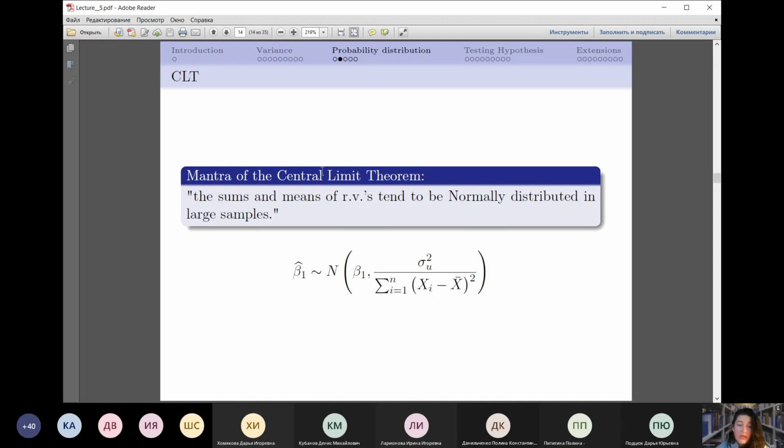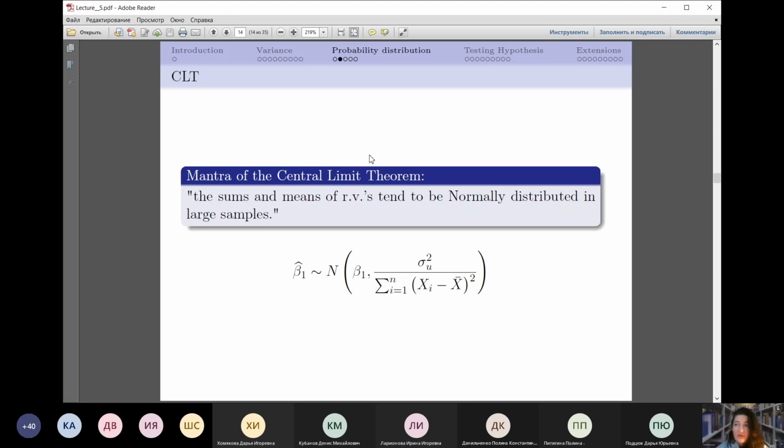So we need to make two assumptions about the error term: that these errors are normally distributed, and also that we treat our independent variables, x, as given. We discussed this previous time. Then the least squares estimators are normally distributed. And this works in large samples.